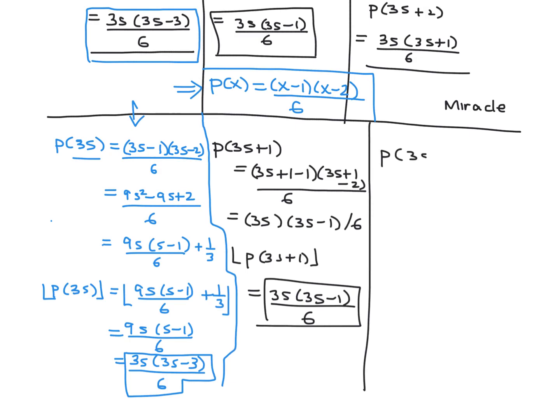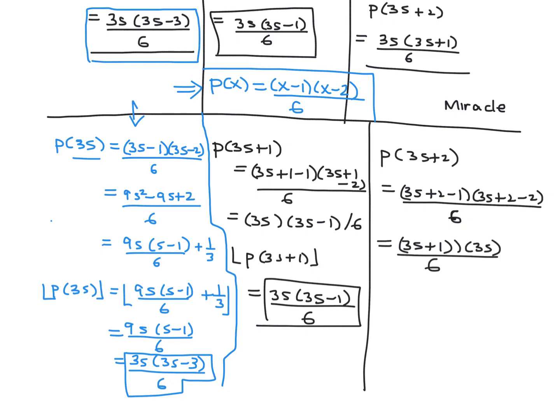So p of 3s plus 2 this time. That's going to be 3s plus 2 minus 1 times 3s plus 2 minus 2 all over 6. And that, let's see here, 3s plus 1 times 3s all over 6. And then, is there any fraction sitting out?